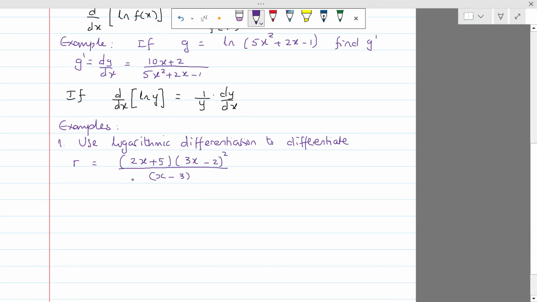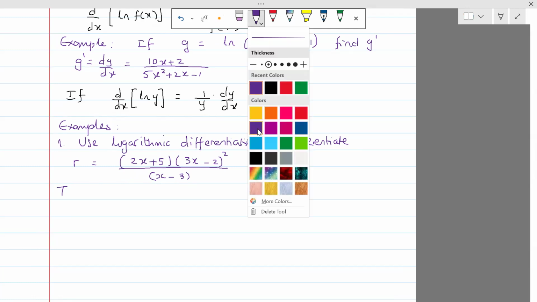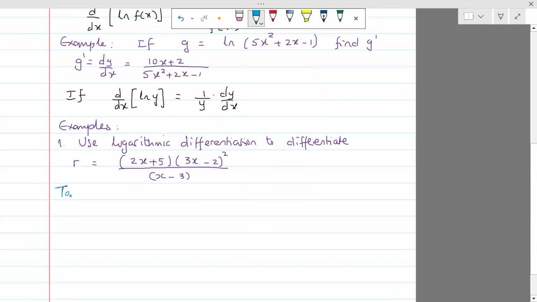So what we have to do now is first of all take ln on both sides.